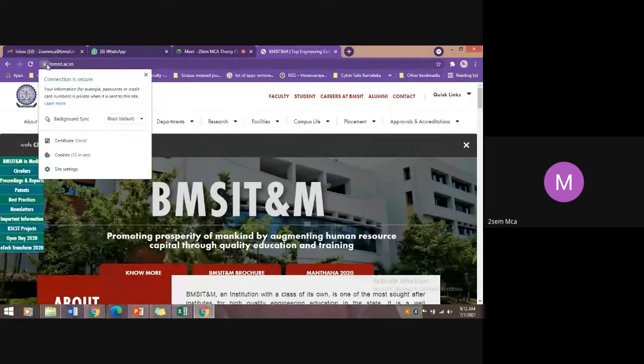Then other precautions are urgent messages. In email, if you receive urgent messages like a warning message, format your system immediately, otherwise it is going to be a ransomware attack, will you take such actions immediately?